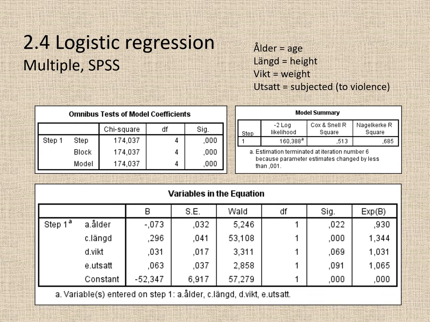I asked the subject. So 4 predictors. What happens with the model with those 4 predictors compared with the null model?